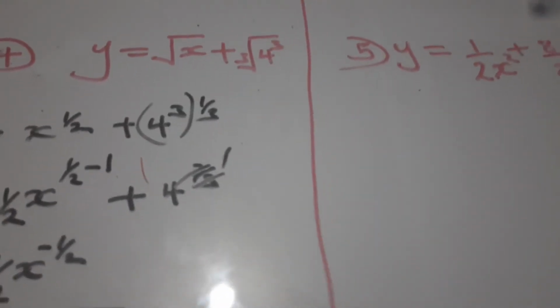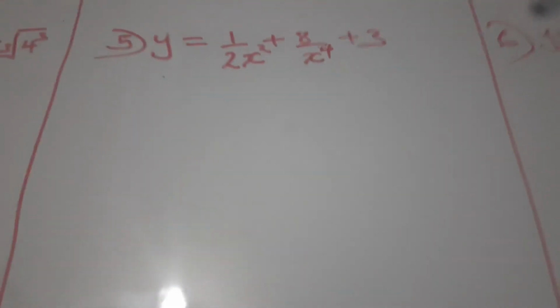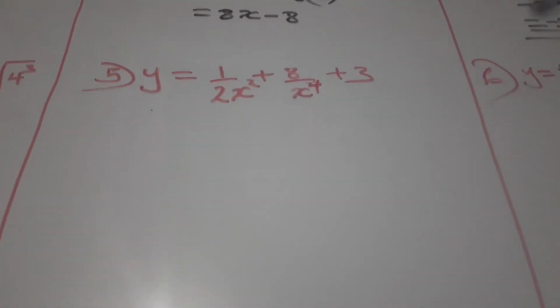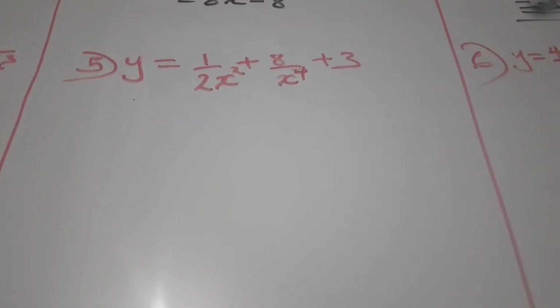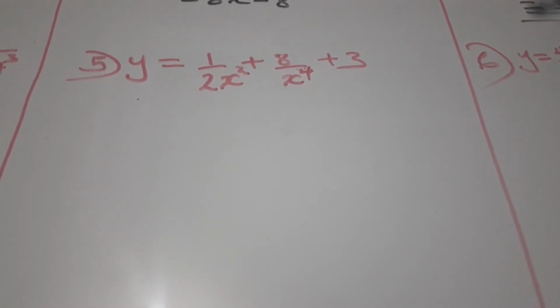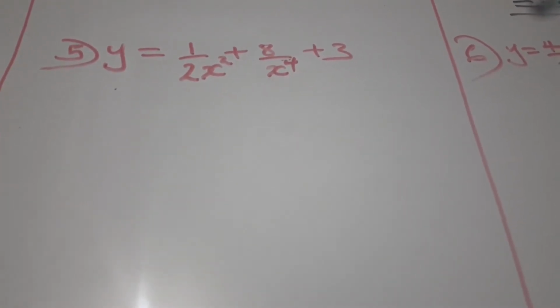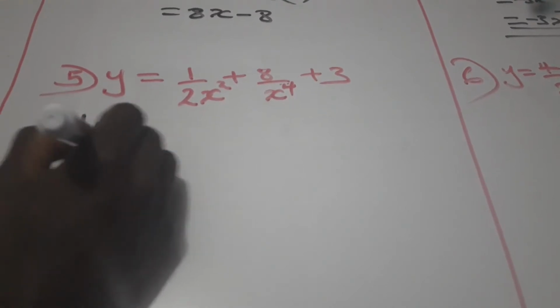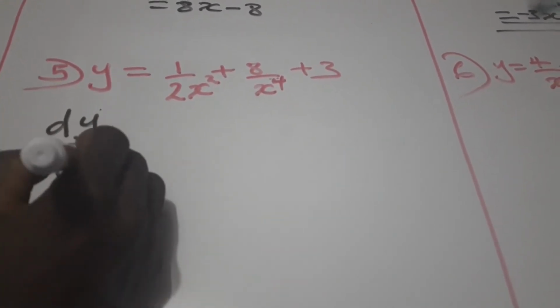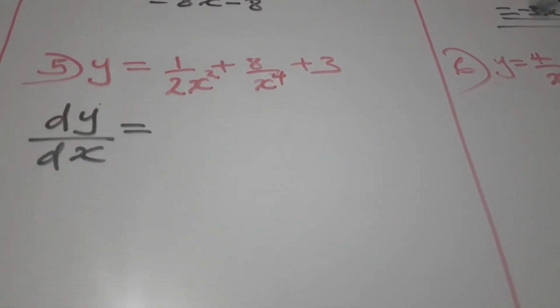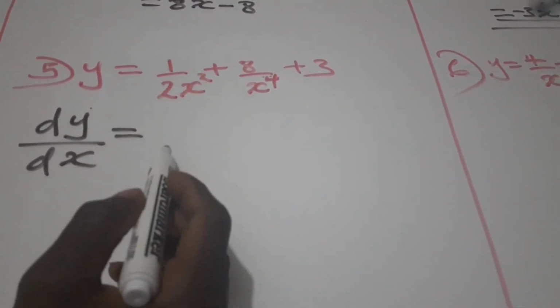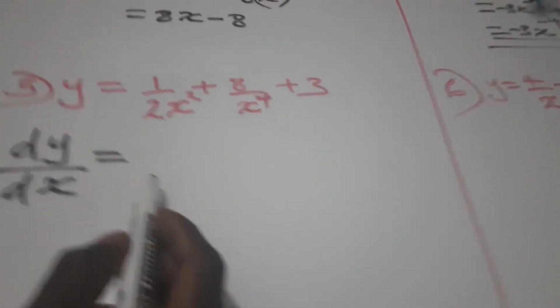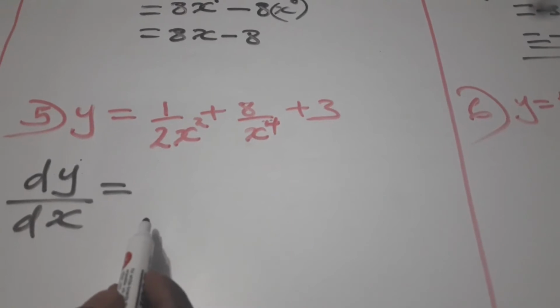We're good there. We're going to move to this other part, number 5. You're going to differentiate. When differentiating this, you're going to do the same things. You're differentiating the function of y with respect to x. So 1 over a half over x raised to power 2.